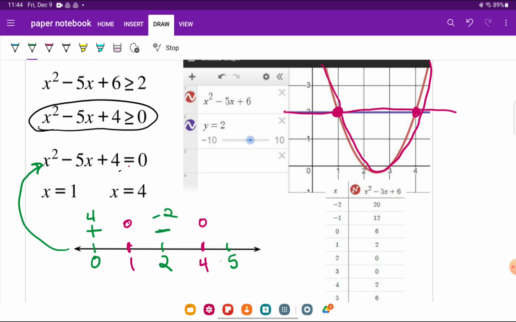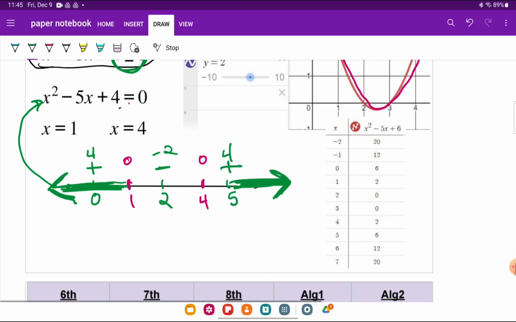And if I evaluate 5, I get 5 squared minus 25, I get 4, which is positive. And I'm looking for greater than 0. So everything this way and everything this way, which in our graph from here, it is above, and from here, it is above.